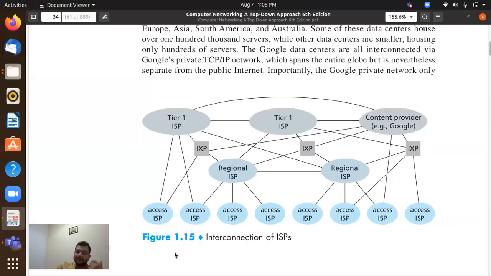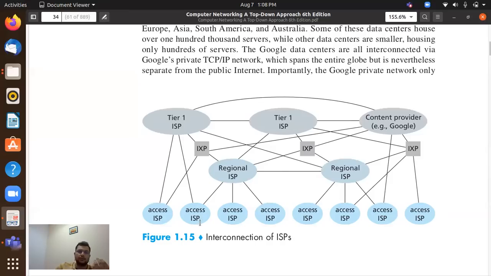We will not be able to access the internet. That's why in many situations, if they're highly professional, they go for several connections. That is called multi-homing. So they multi-home with several tier 1 service providers.